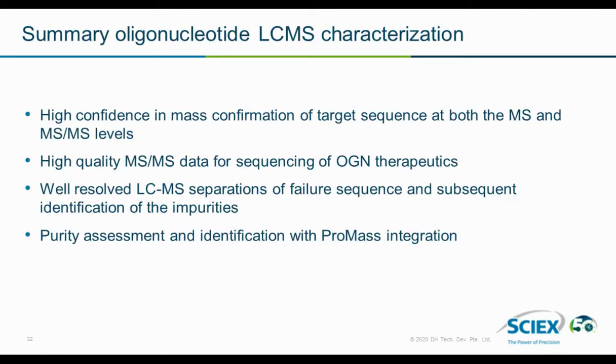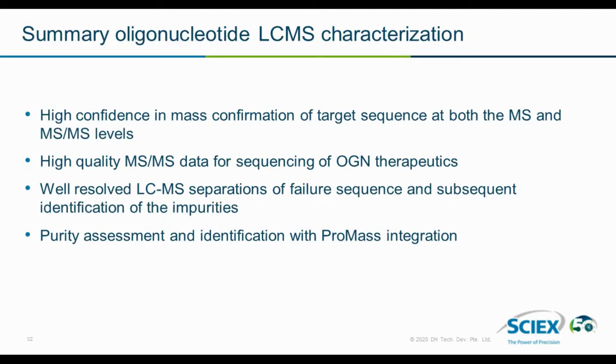So I'd like to finish this presentation with a summary. I'll start off with a summary of the oligonucleotide characterization section using LC-MS. And what basically LC-MS offers you is high confidence in confirmation of target sequences, because you not only get accurate mass MS, but also MS-MS confirmation and sequence data for fragmentation patterns.